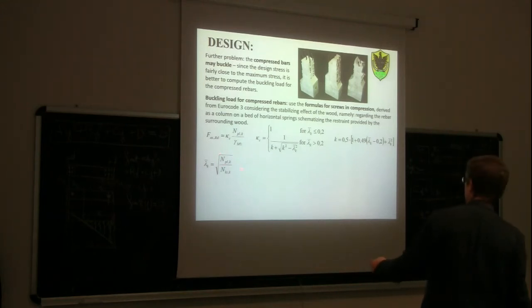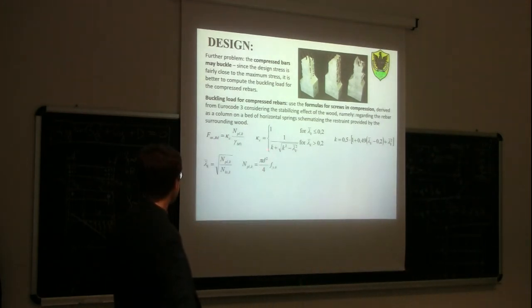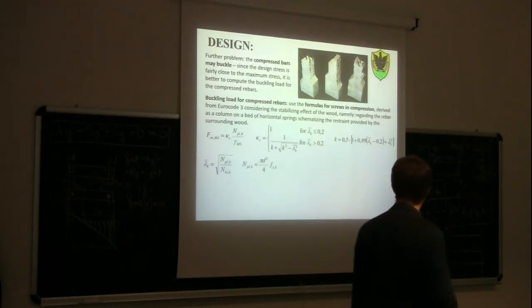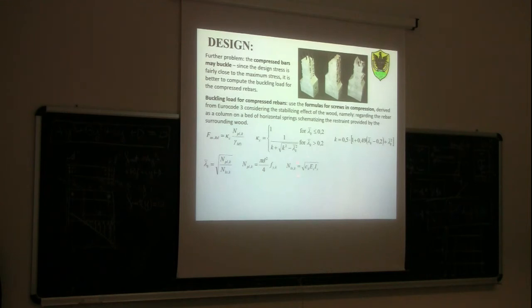critical load. The plastic capacity is basically the section modulus of a circle times the yield stress of the steel, and this other critical load is the square root of the product between this coefficient, which is related to the stiffness of the springs, the wood, and the flexural stiffness of the rod cross section.